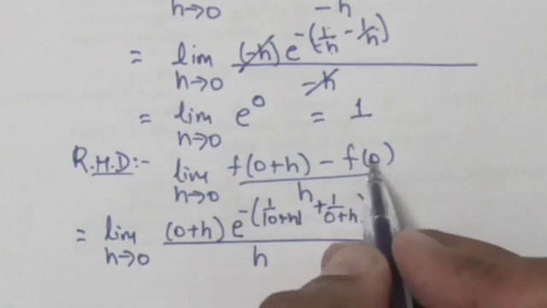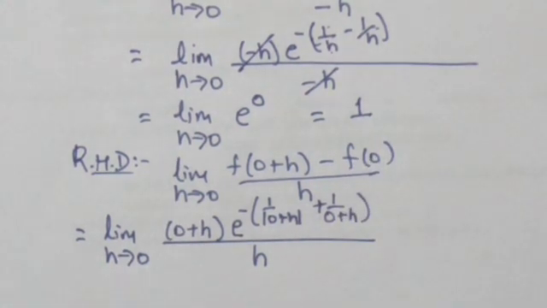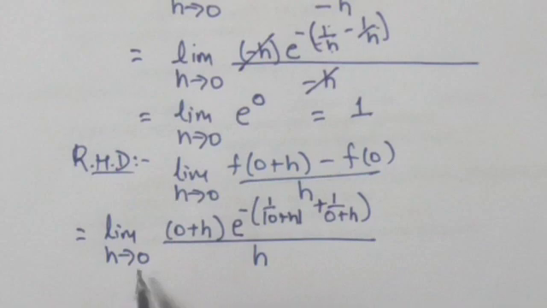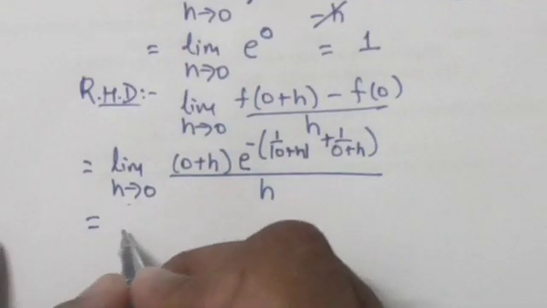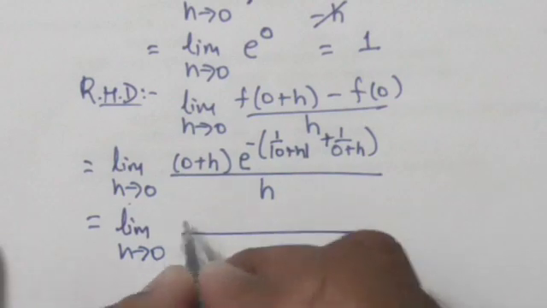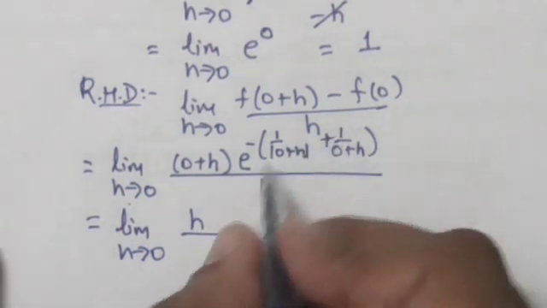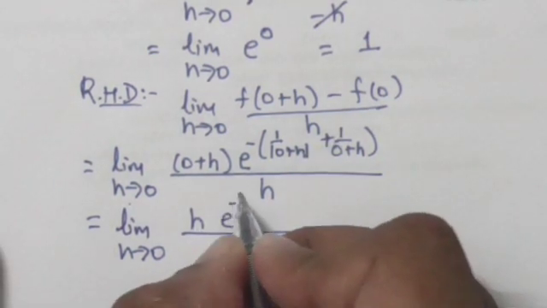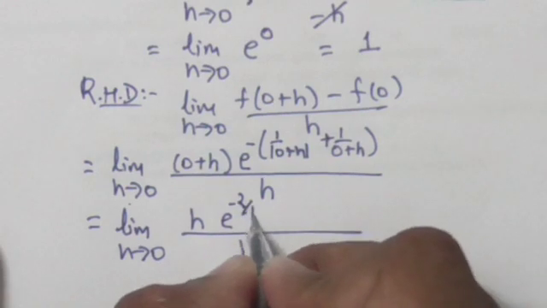See, what is f(0)? f(0) will be equal to 0 according to the definition of function f(x). So it will be equal to limit h tends to 0, h upon h e raised to power minus 2 upon h.